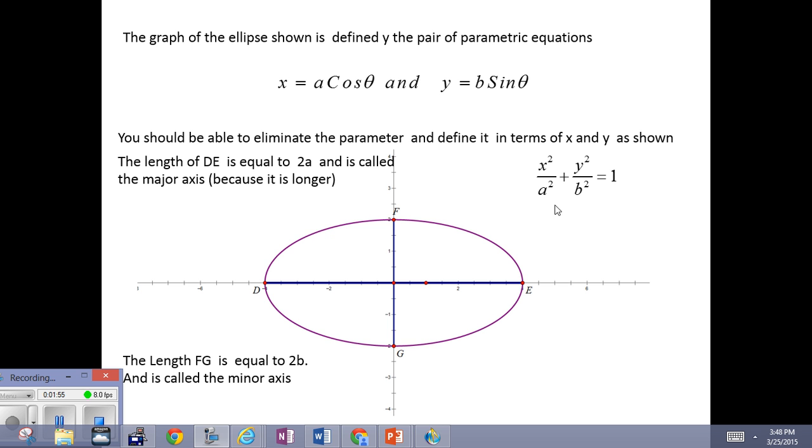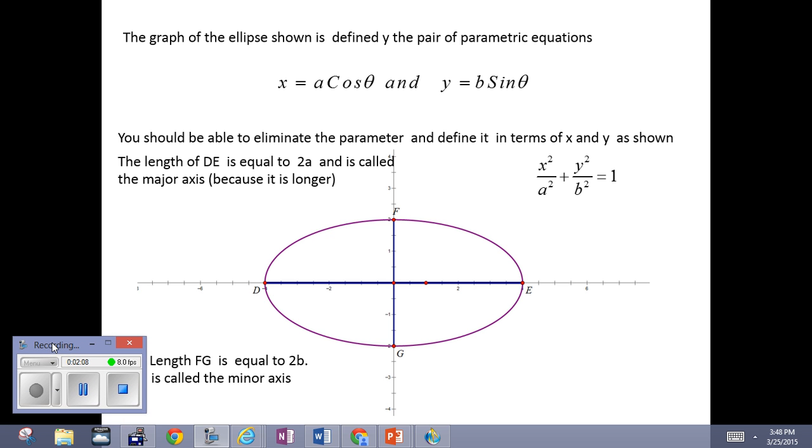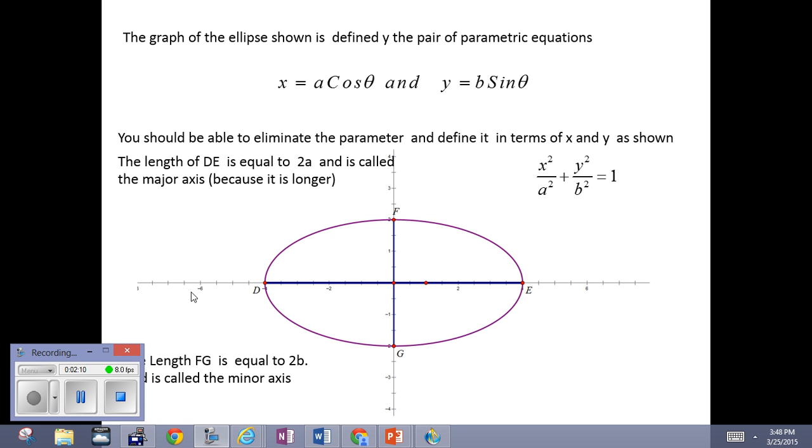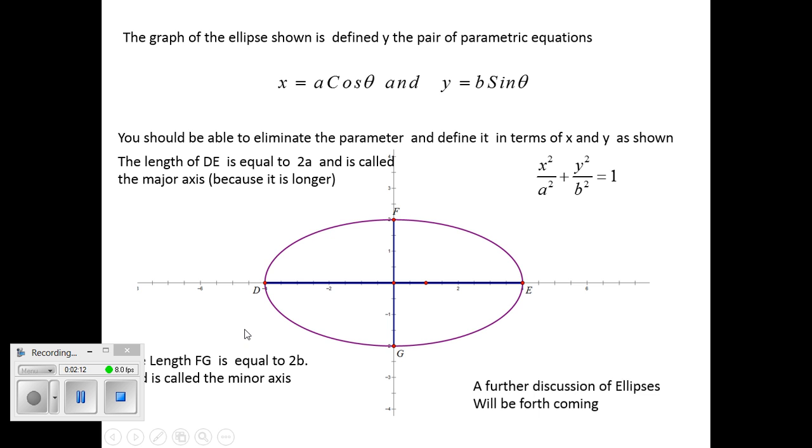It's just a matter of calling a the larger value. So the minor axis is of length 2b, and the major axis is of length 2a. We're going to show you that in just a minute with a Desmos link here.